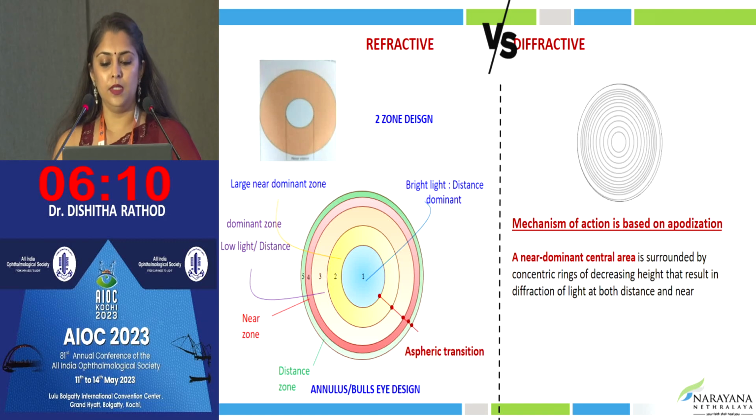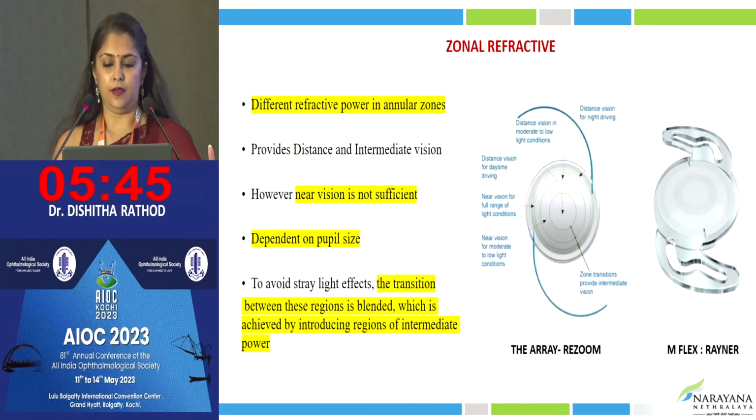So to overcome this, the bullseye model was made, wherein the center was a distance dominant region, which was surrounded by the near dominant regions. Now, the diffractive IOLs are based on apodization, in which there is a near dominant central area surrounded by concentric rings of decreasing height that result in diffraction of light at both distance and near.